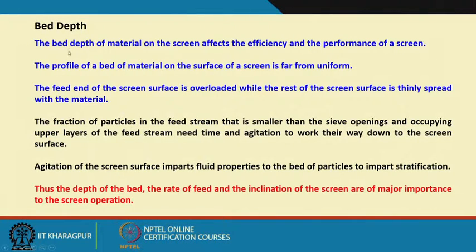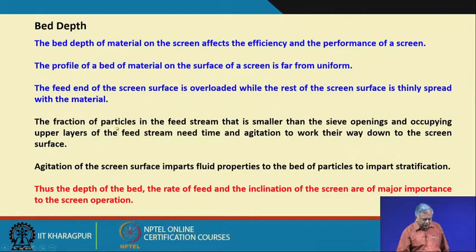So, in that case, the bed depth of material on the screen affects the efficiency and the performance of the screen, and the fraction of particles in the feed stream that are smaller than the sieve openings and occupying the upper layers, we have already discussed that. And agitation of the screen surface imparts fluid properties to the bed of particles to impart stratification, because when you have a bed of particles and you vibrate or lift them up, you are increasing the volume occupied by the particles.